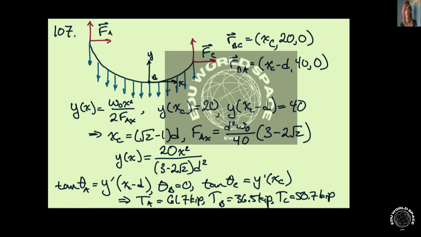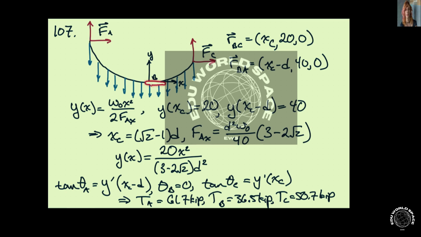Now, we are asked to find the tension at points A, B, and C. So we can figure out what the tangent of theta is. The tangent of theta is just the derivative of y at xc minus d.